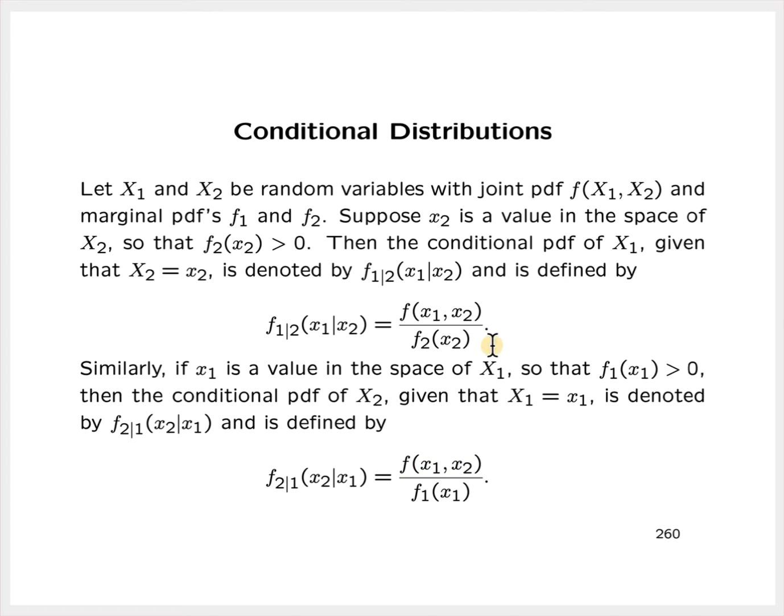And then what we're dividing by is the marginal PDF of the variable that we're conditioning on. So in this first definition where we are conditioning on the random variable X2, we're dividing by the marginal of X2. And in the second definition where we're conditioning on X1, we divide by the marginal PDF of X1.